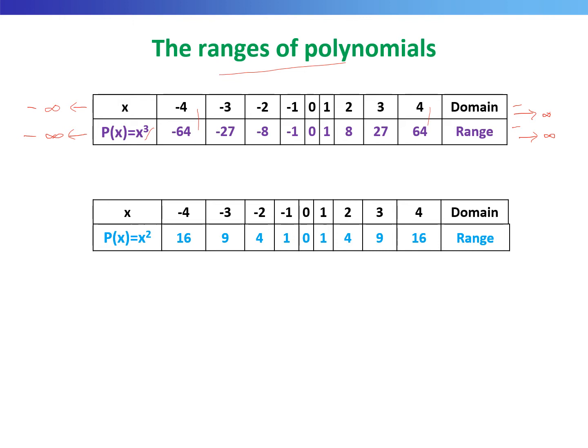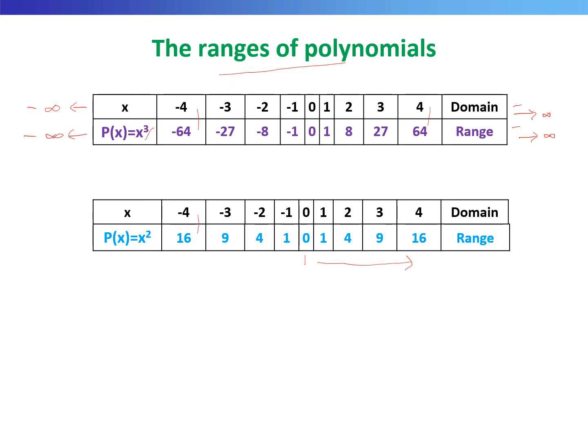We take every element in the domain and the IPO will produce an element in the range, but the production is different here. All the negative values produce a positive value because the square of a negative value is a positive value. The impact of that is that if we look from 0 to the right, we will see that the range will continue to increase.